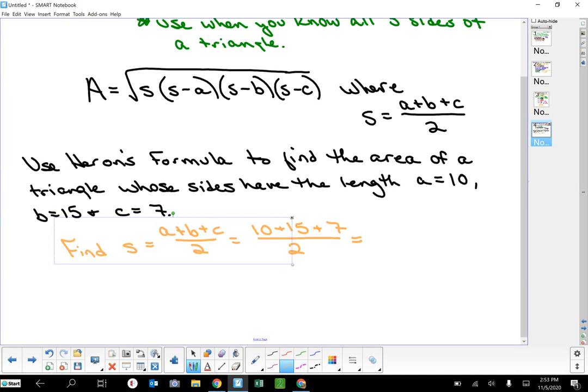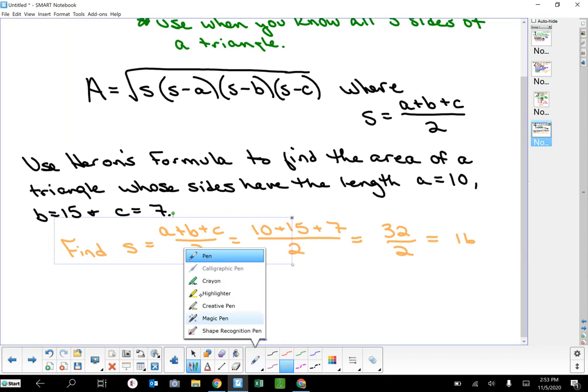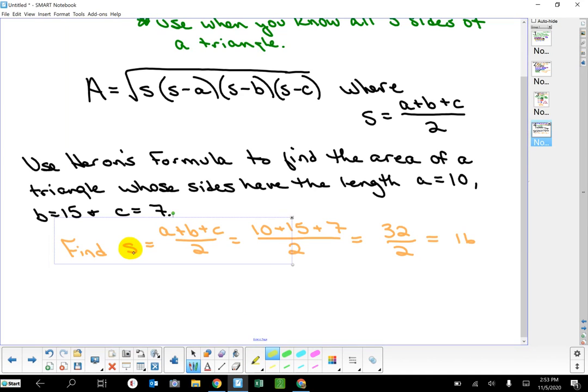So what have we got here? This is 32 over 2, which is 16. So S equals 16, and now we're going to plug into Heron's formula. So this is going to look like this. So we're going to have area equals the big old root of S. S is 16.